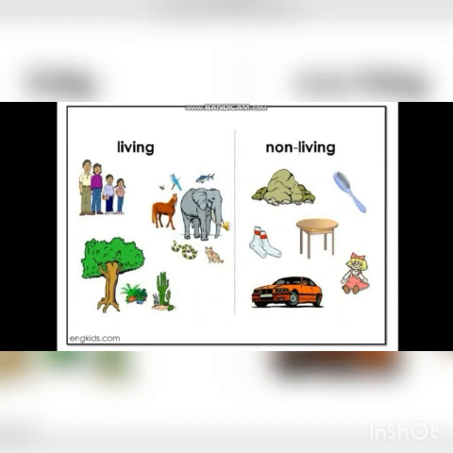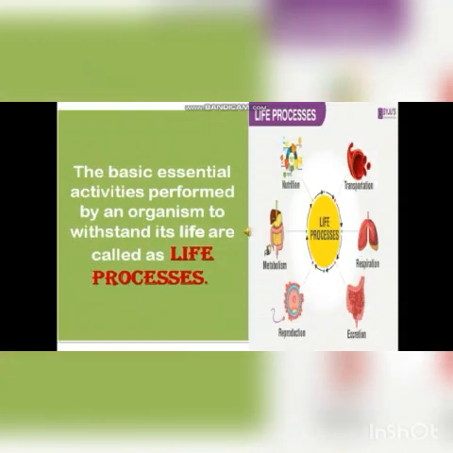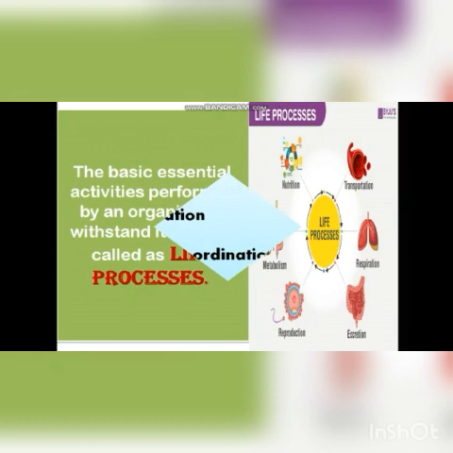And these processes are known as the life processes. What are they known as? They are known as life processes. The definition of life processes is: the basic essential activities performed by an organism to sustain its life are called life processes.